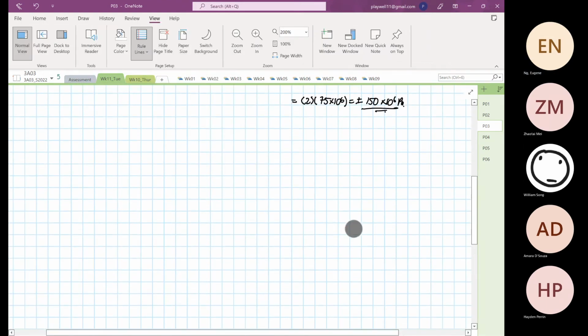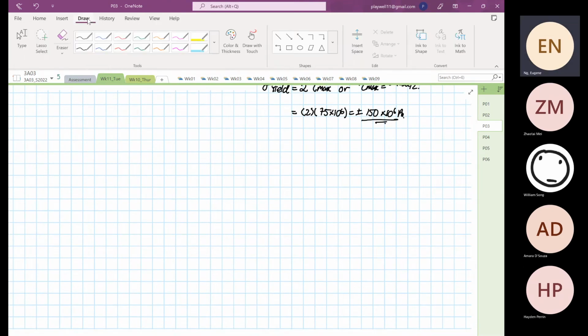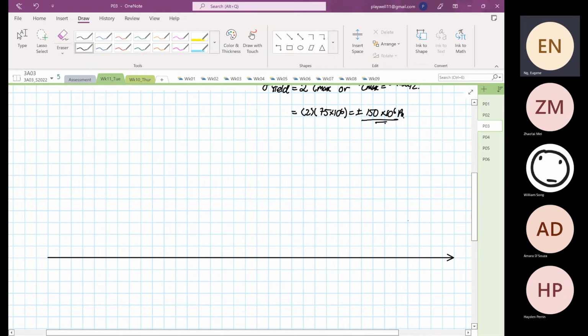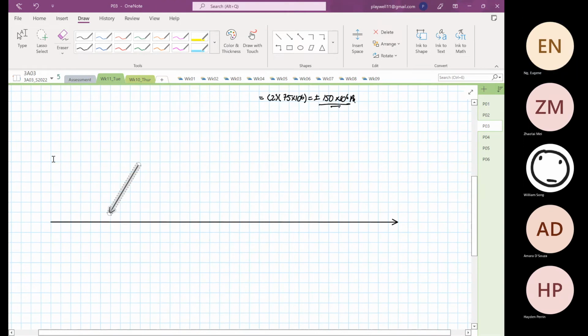I'm going to sketch now. So we have our normal stress, 2, 4, 6, 8, 10 is enough. Then we have our shearing stress.